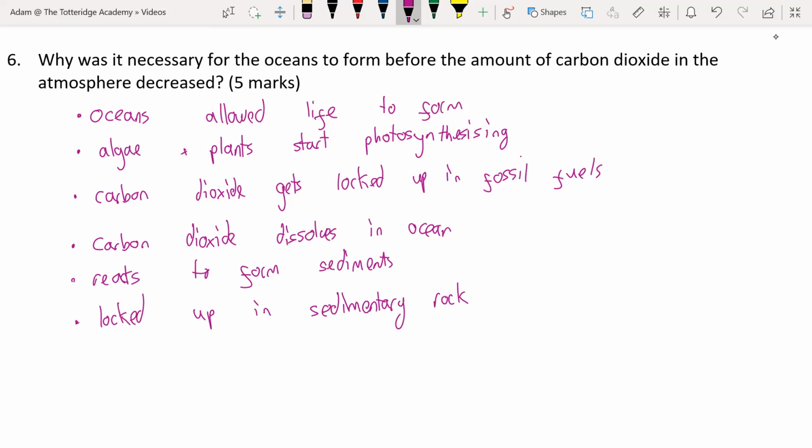And there we have a really decent 5-mark answer without a huge amount of effort. There's nothing here that I've not taught you in this lesson, which only took a few minutes. So that's 5 pretty easy marks.